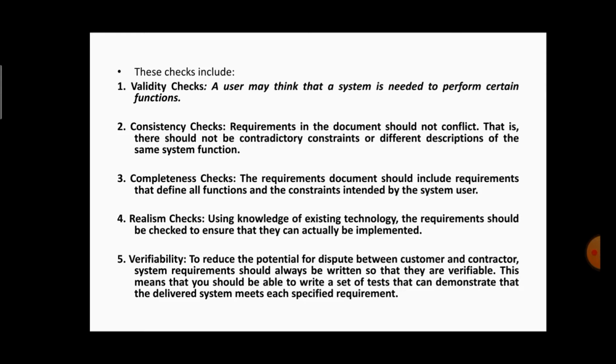Completeness means the requirement has to tell about the functions along with the conditions. Getting it, guys? Validity means you have to check whether all the functions are included. Consistency means two requirements can't be the same. Completeness means along with the function, it has to tell about the conditions also.